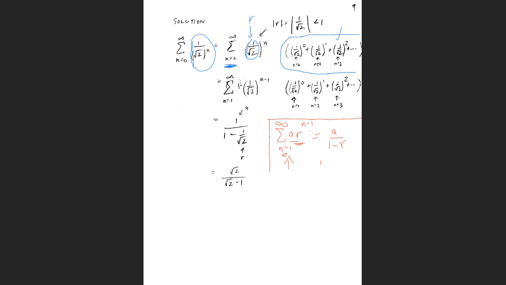And of course, this is assuming that the absolute value of the common ratio is less than 1. Well, our common ratio is less than 1.